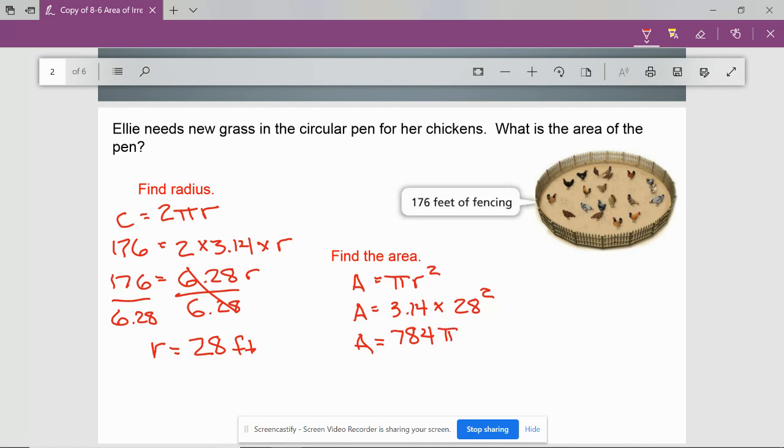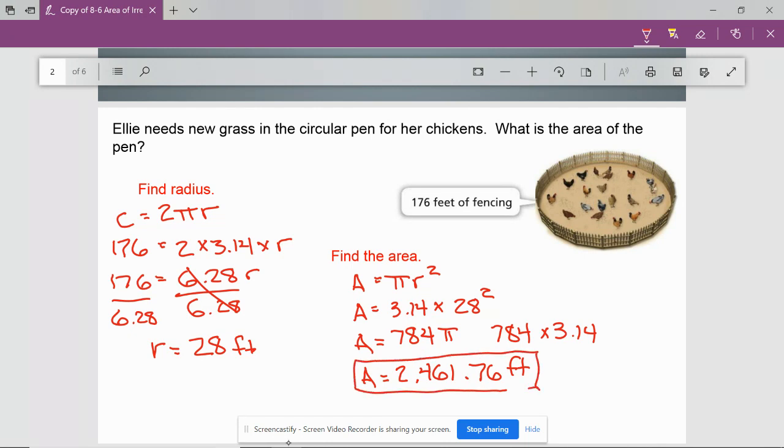You could say pi or you could say 3.14, it really doesn't matter. Whenever we multiply 784 times 3.14, we get our area equal to 2,461.76 feet squared. So there's your answer right there. Make sure that we're doing both of these steps as we go forward.